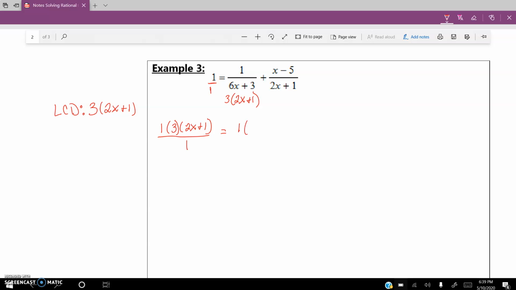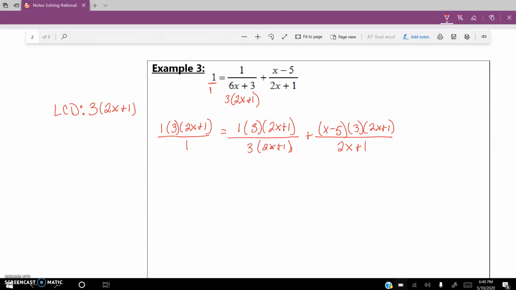We have 1 times 3 times 2x plus 1 all over 3 times 2x plus 1, plus x minus 5 times 3 times 2x plus 1, all over 2x plus 1.